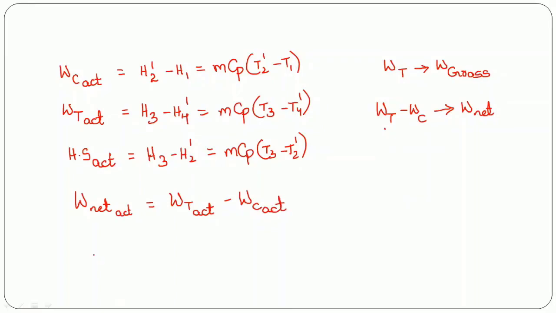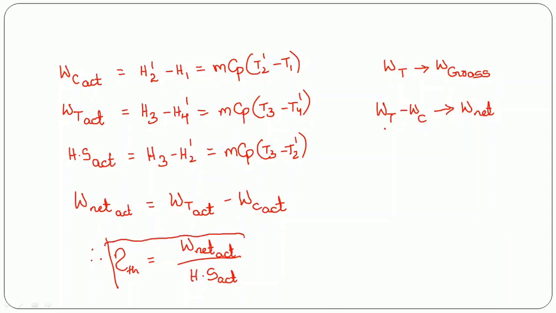So therefore finally the thermal efficiency will be the net work done actual by heat supplied actual. So this will give us the thermal efficiency. And remember that when isentropic efficiencies are given in the problem, you should not use thermal efficiency as 1 minus 1 by Rp to the power (gamma minus 1) by gamma.